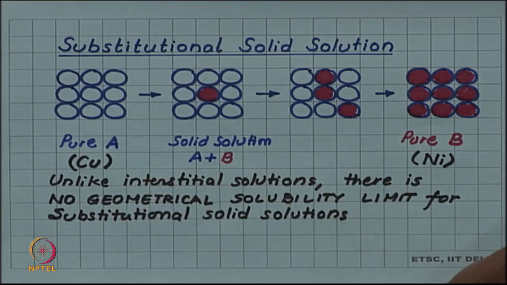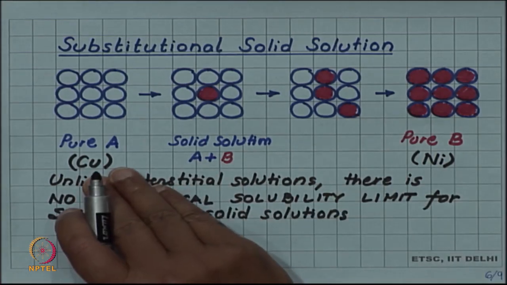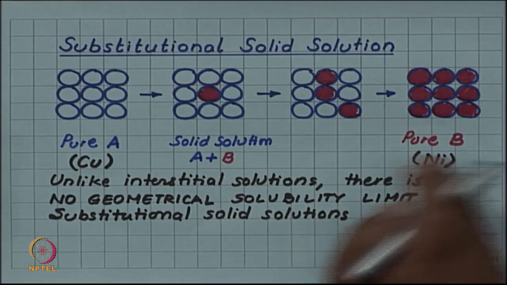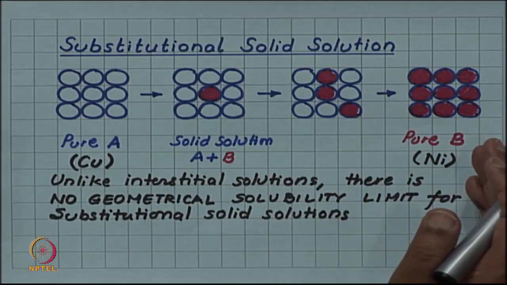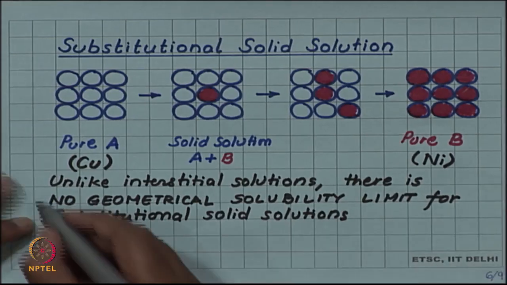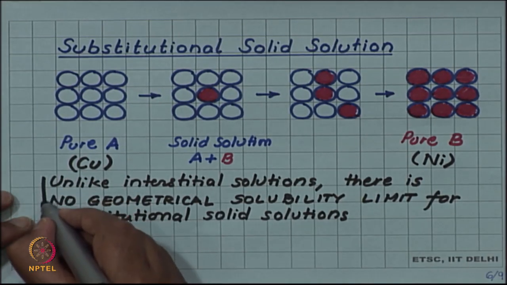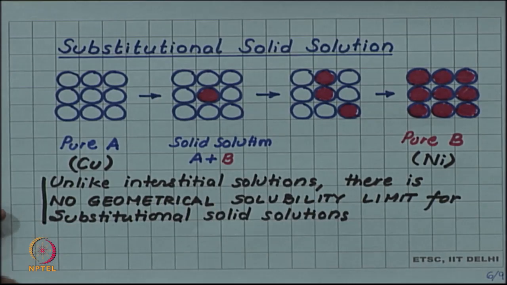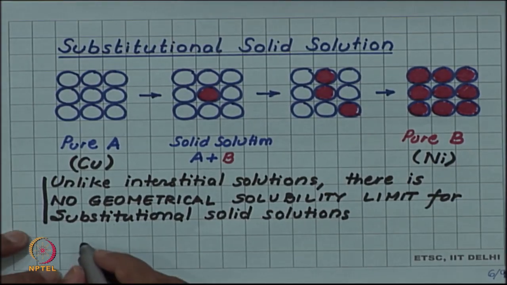I can mix them in any proportion, start with pure A and go to pure B, making solutions of different concentrations, and all those solutions are possible. So, it is geometrically possible, and there are examples of this, but not all substitutional solutions do this, and we have an example of this also.